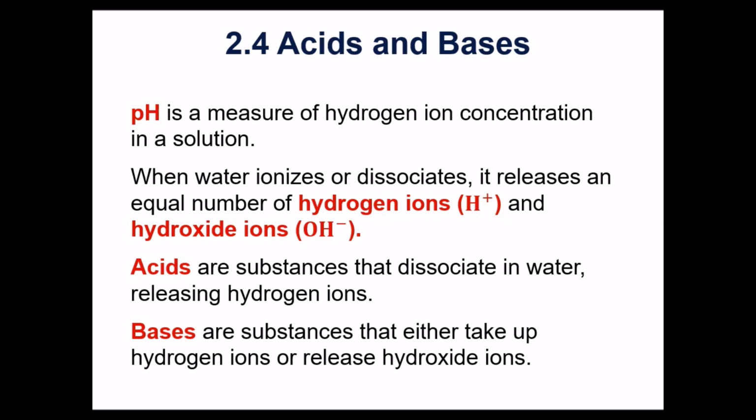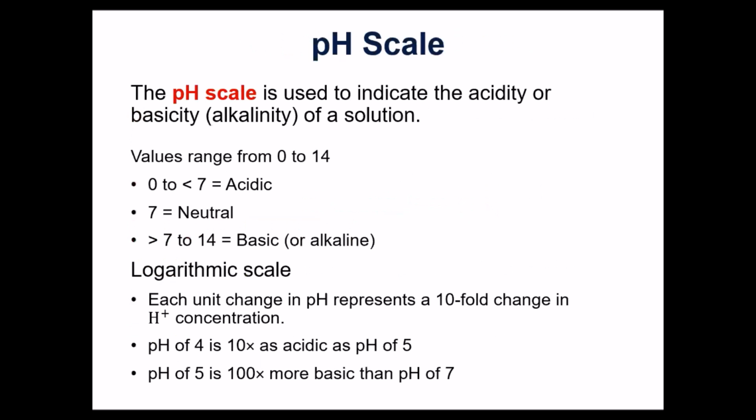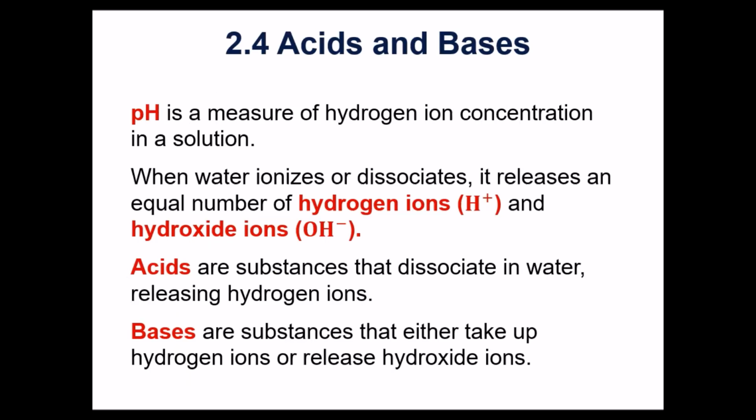Acids are substances that dissociate in water. In other words, they ionize, they split into ions, and they release hydrogen ions. You may be familiar with an acid called hydrochloric acid, HCl.